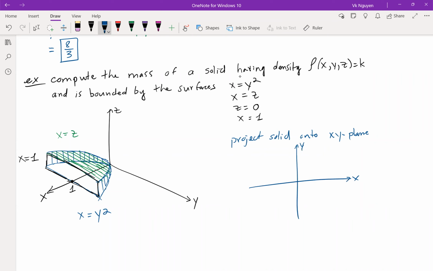Ta-da! Oh my God, that just cut it. Region D.